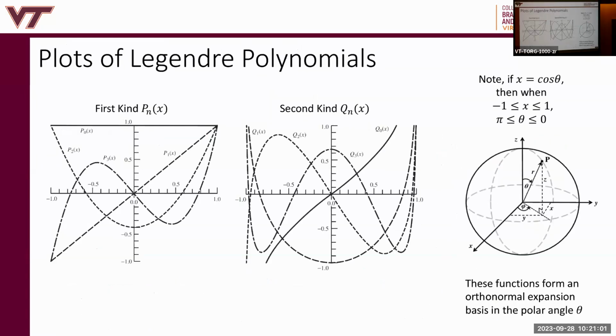So here are some Legendre polynomials of the first kind, P, and the second kind, Q. And here's how cosine of theta relates to x, right? Here's the range of x, here's the range of theta. These functions form an orthonormal expansion basis in the polar angle theta, which is really, really cool. Once you get a hang of these, you'll be able to do a lot in this coordinate system. You feel very empowered.